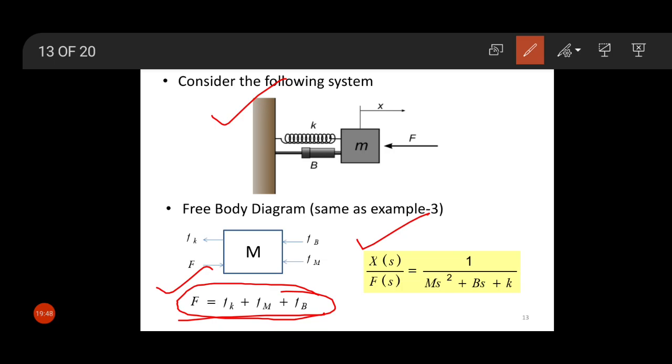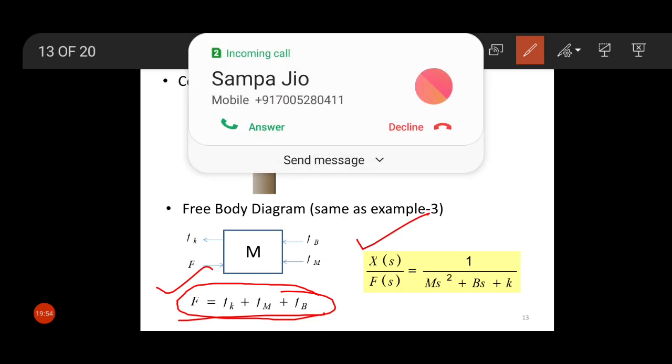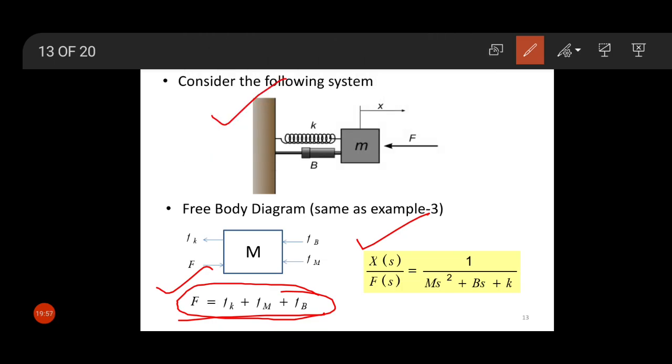And this equation is the transfer function of this mechanical system. Okay, clear?